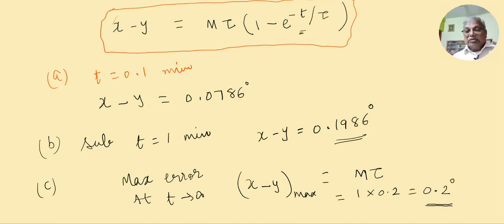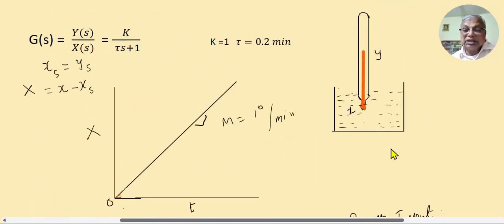After the ultimate value is reached, when the final steady state is reached, there will still be a difference of 0.2 degrees between x and y, between the true value of the bath and the value indicated by the thermometer.